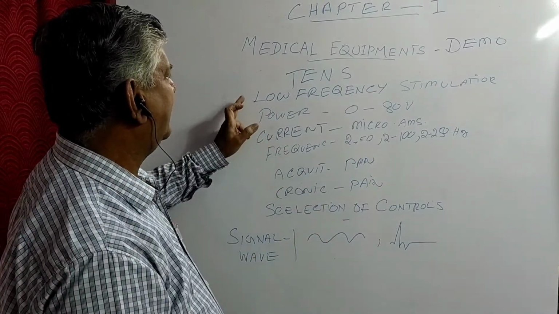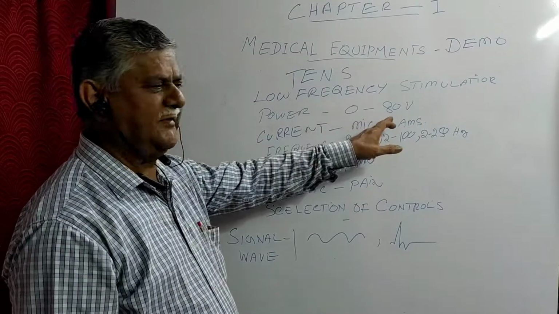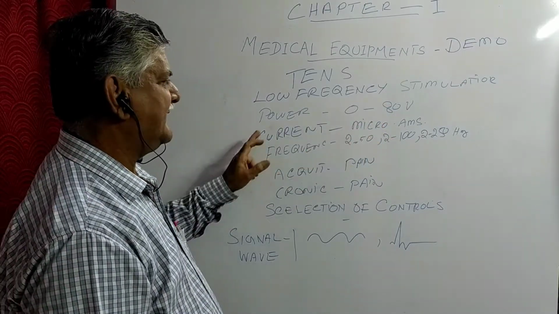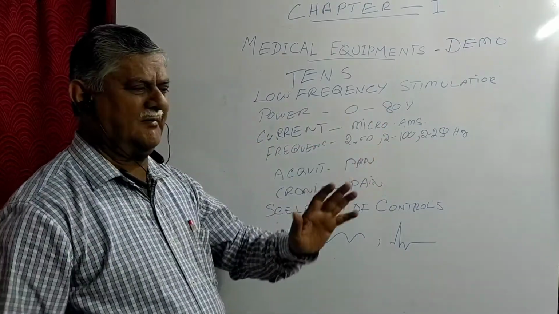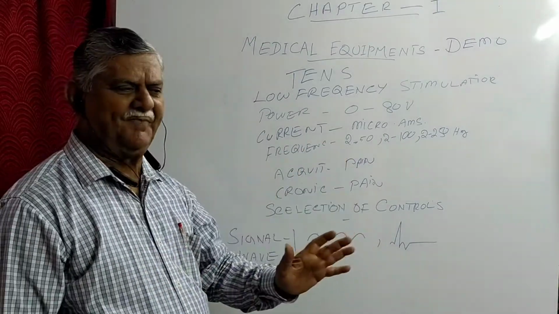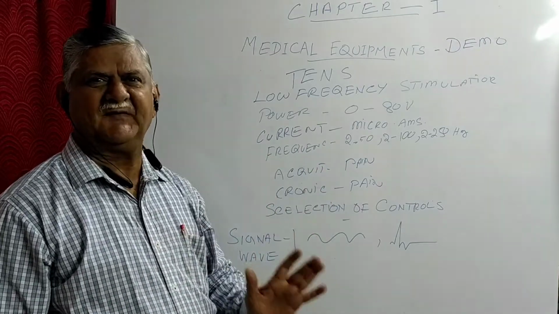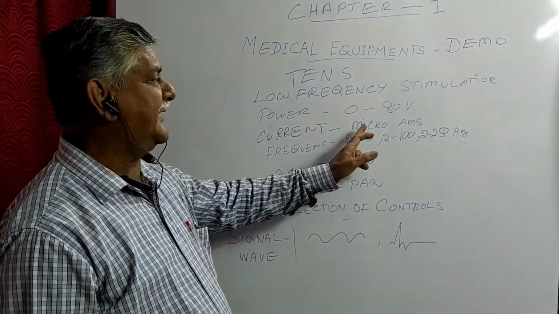Now the power for the TENS is 0 to 80 volt output. Current is in micro amps. Normally we are using 5 volt and 15 volt current in our electrical supply, but that current cannot be used for body stimulation. So we have to give micro amps.